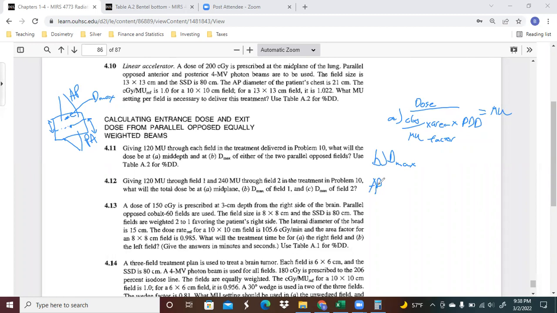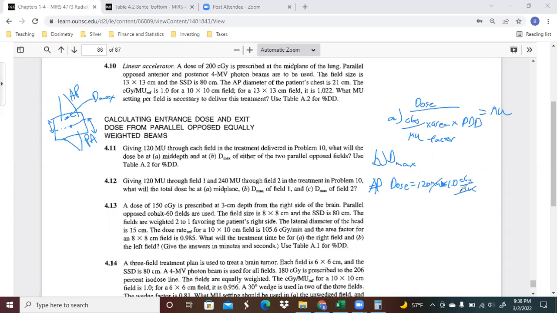But if I'm looking at an AP beam, then the dose is going to be equal to 120 MUs times 1.0 centigrade per monitor unit.